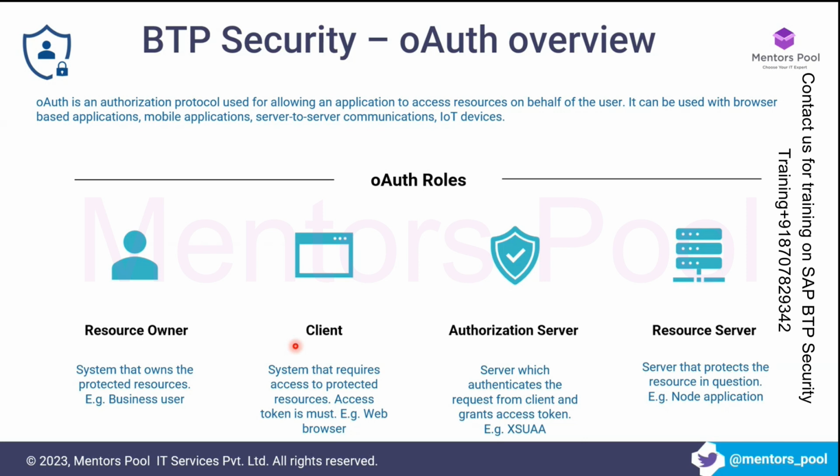Now think about server-to-server communication. For example, I need my BTP application to fetch some data from your SuccessFactors server. In that case, I have a server on BTP and then I have my SuccessFactors server. That is an example of server-to-server communication. Since my BTP server is asking for some information from my SuccessFactors server, in this scenario my BTP server is called a client.